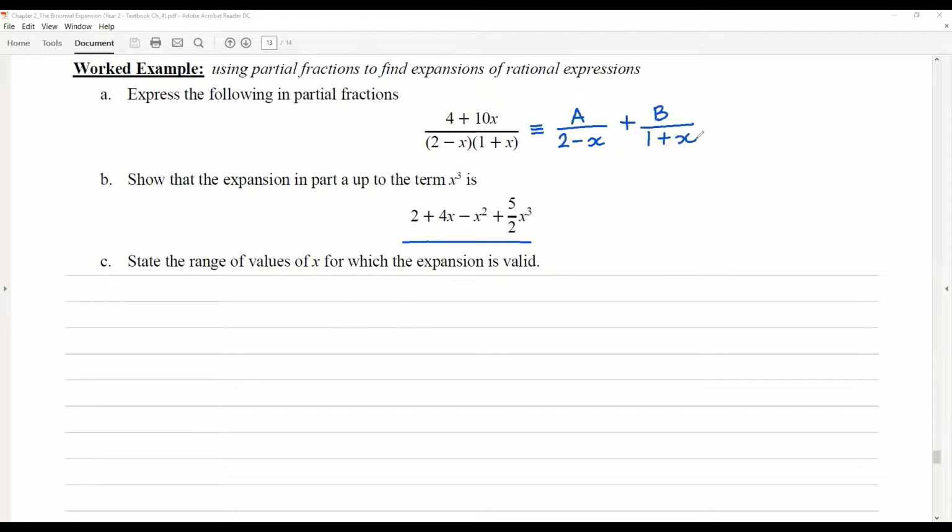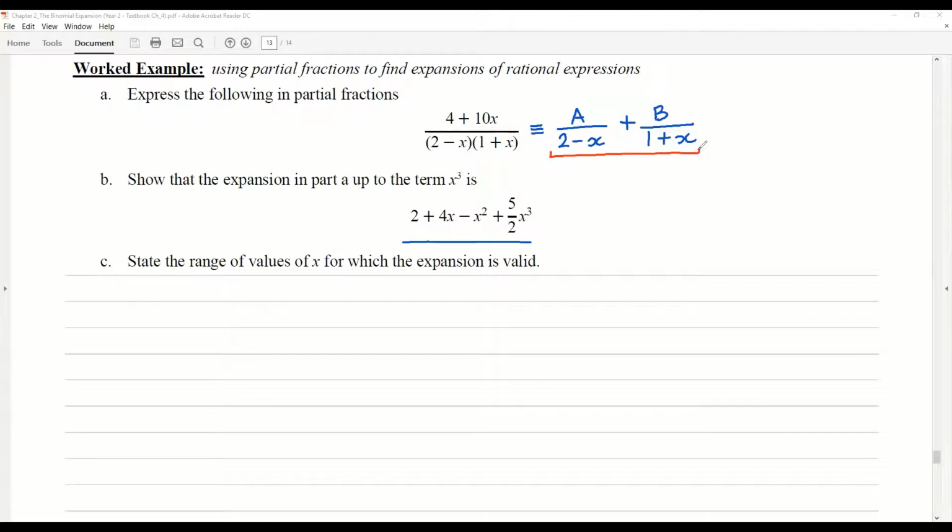So the process states that we need to find out what the constants a and b actually are. And we can do this by recombining what we have on the right-hand side and forming what we want to get on the left-hand side. So we need to show that there are some constants a and b that will give us the 4 plus 10x.